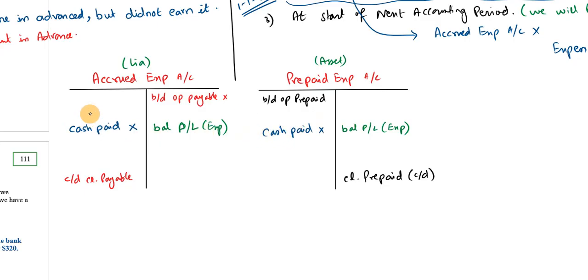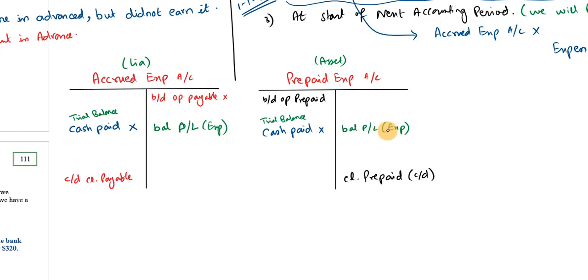This cash paid amount we can see in the trial balance, because it comes from the trial balance. And the green one is the balancing amount that will go to the profit and loss account when we are making the income statement.